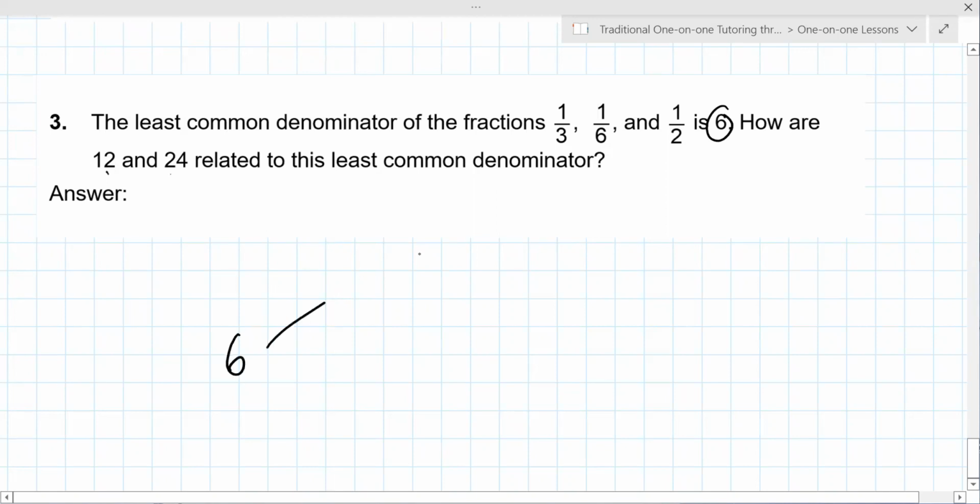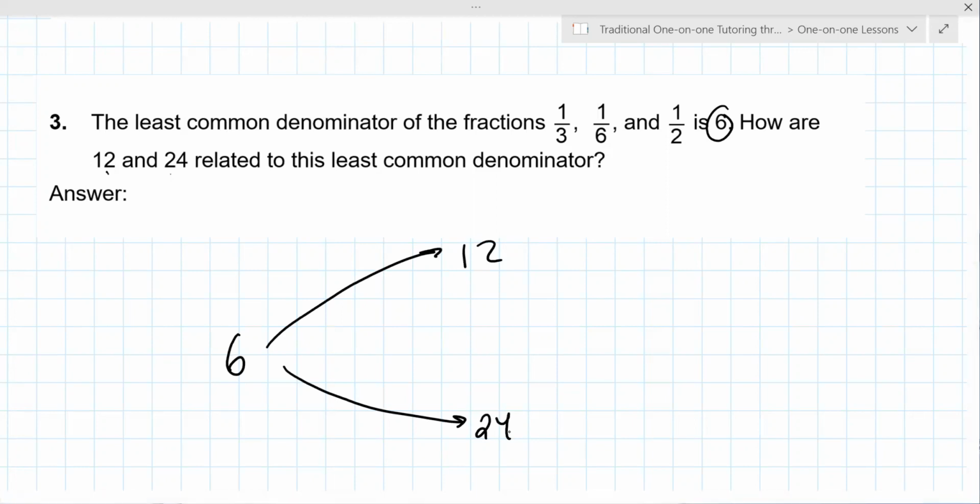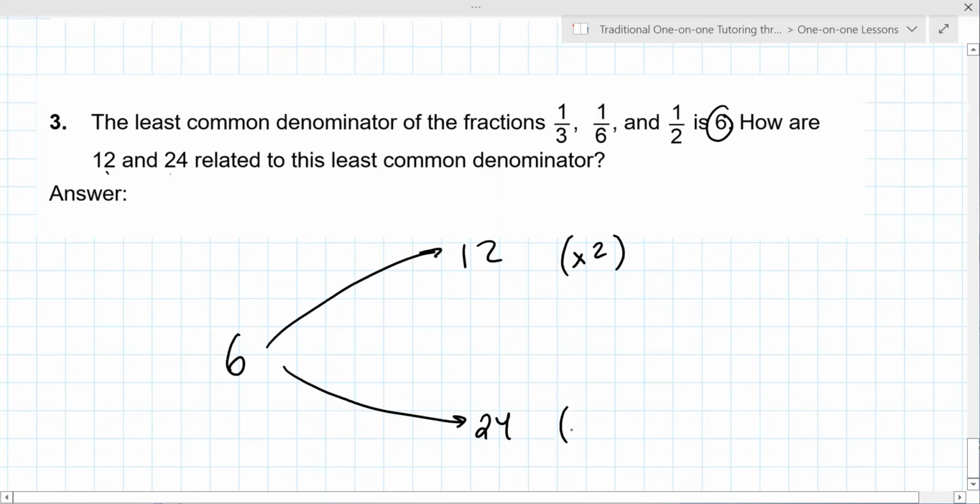Basically, how do you go from 6 to 12? And how do you go from 6 to 24? You just did this, but can you tell me in words, how do you go from 6 to 12? By multiplying by 2. Okay. And to 24? By 4. Very good.